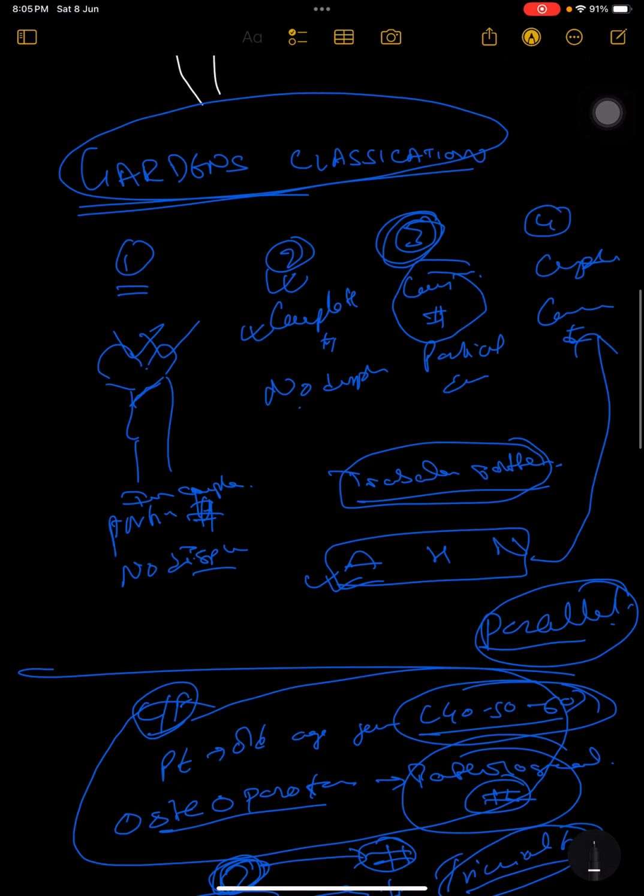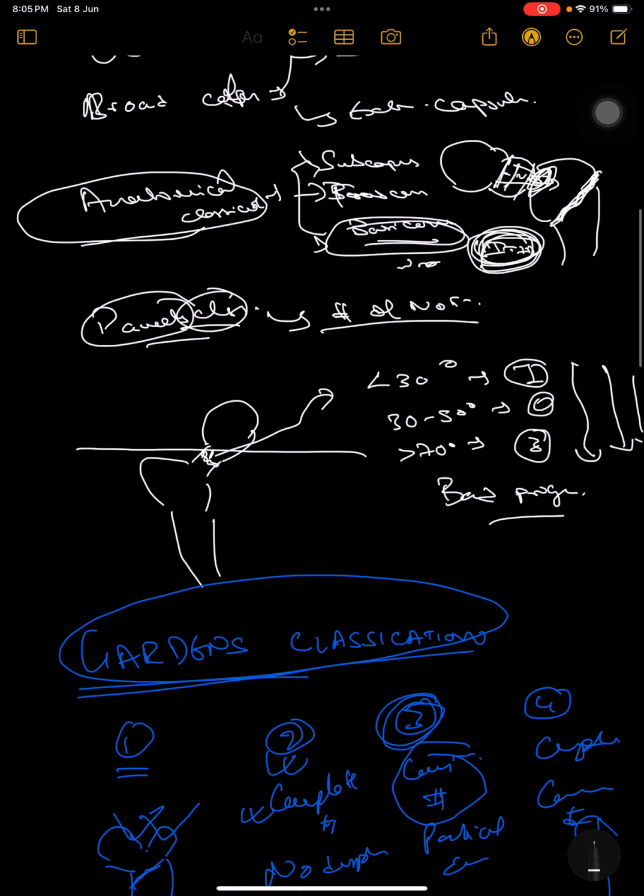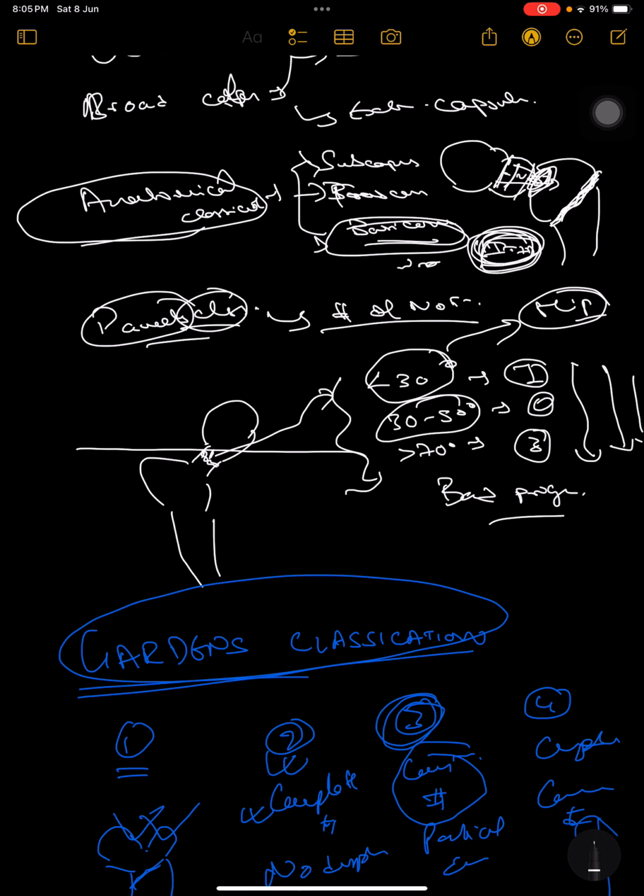I already told you that whenever there's an increase in the Pauwels' angle, the prognosis is bad. So you decrease it. If it's 30 to 50 degrees, you make it 30 degrees and then go for a hip spica or anything else so that there's a better reduction. That is basically known as Pauwels' osteotomy.